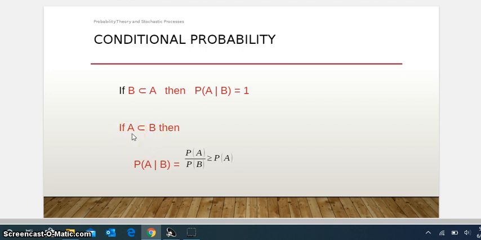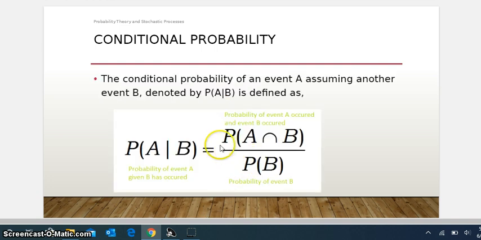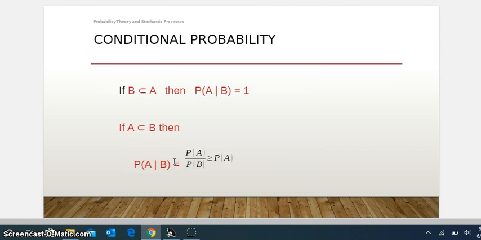So P of A intersection B gives P of A, divided by P of B, which will always be greater than or equal to P of A. This is how we calculate the conditional probability. First we calculate P of A intersection B. Once we know the joint occurrence of both, we divide by the prior probability that we already know, and then we can calculate P of A given B. So this is the definition of conditional probability.